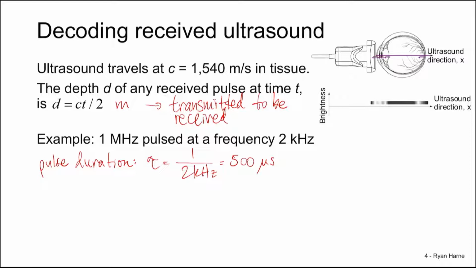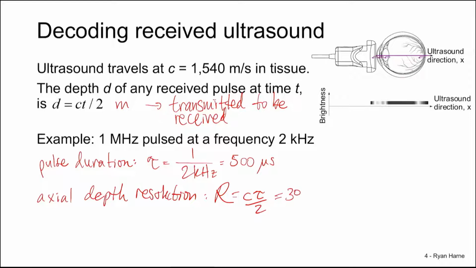This gives us an axial or depth resolution of R equals c tau divided by 2. And in this case, R is 38.5 centimeters. So this is a theoretical limit on the axial depth resolution. In practice, the resolution will be less due to attenuation.